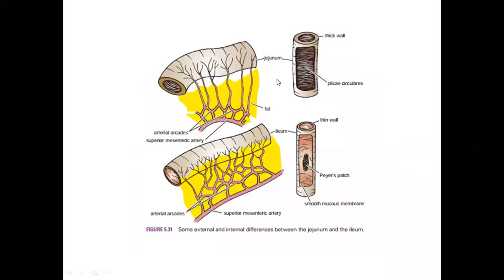Now you can see there are differences in terms of jejunum and ileum. The jejunum has a thicker wall and it has these plicae circulares.